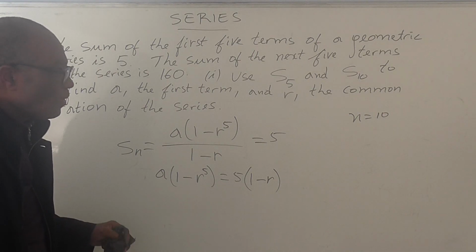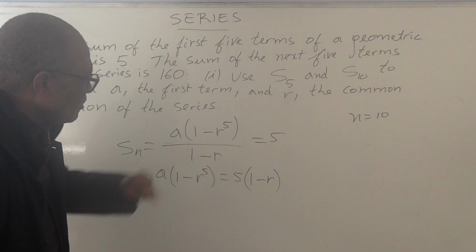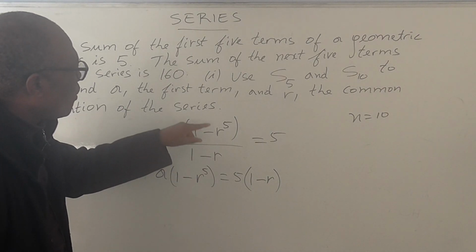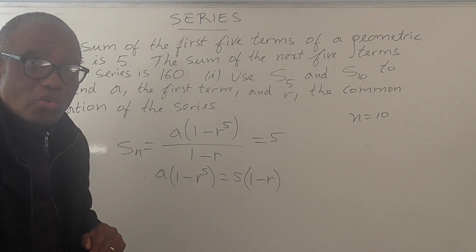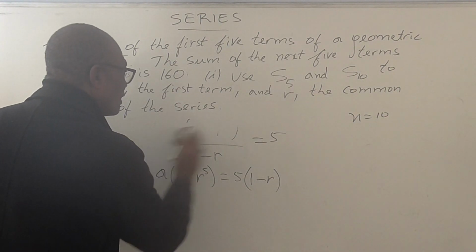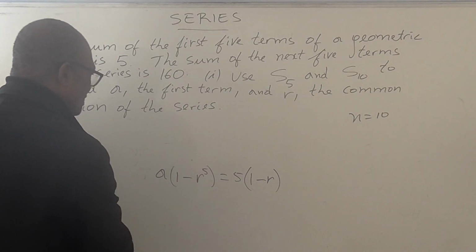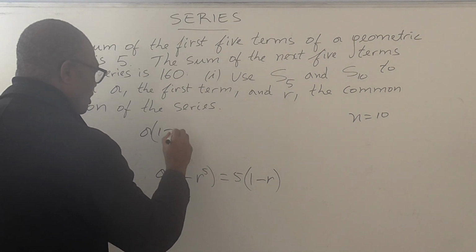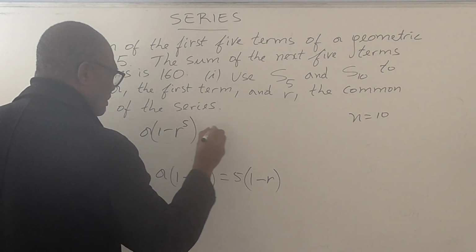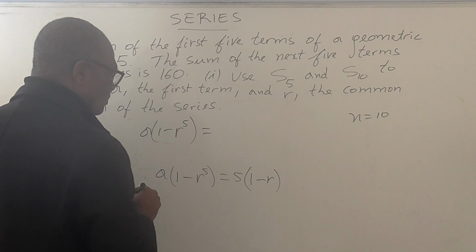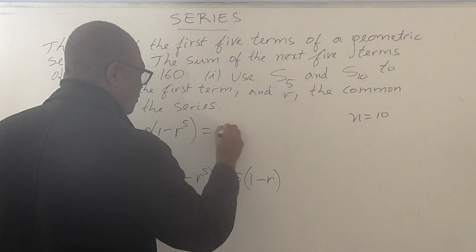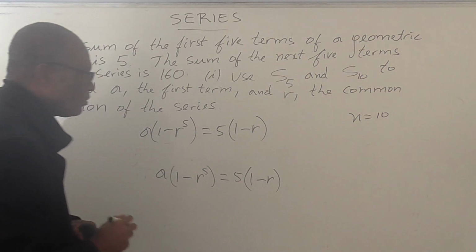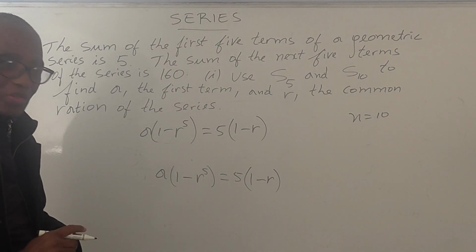Now I'm going to write it here on the top, and then I'm going to do the same thing for n equal to 10. So now I write this here: A bracket 1 minus R to the 5, and then 5 bracket 1 minus R. Okay, I do it like that.